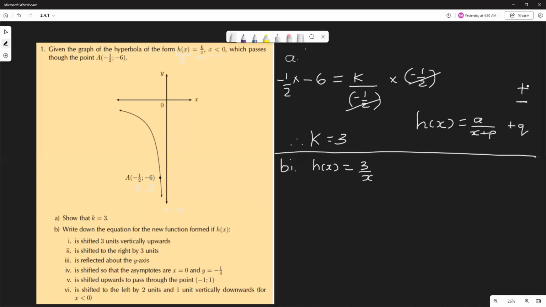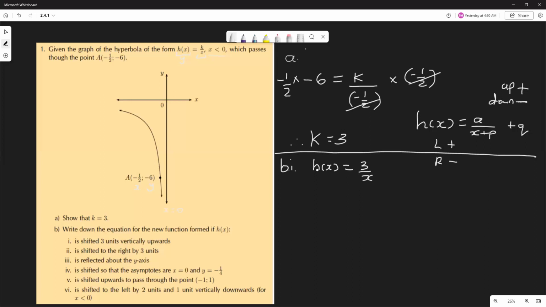Left and right affect the x, up and down affect the y. So for left and right, it's always the opposite: to the left you plus, to the right you minus.